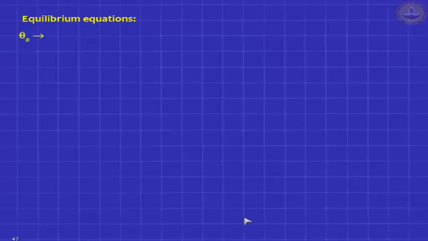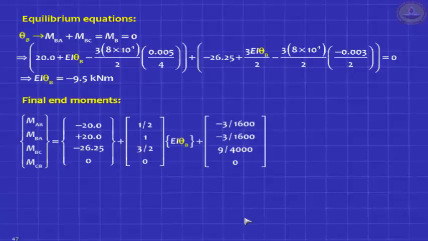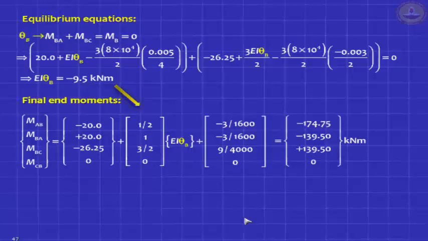So next we will write the equilibrium equation corresponding to theta B: MBA plus MBC is 0, expand it. Corresponding to theta C, that's all, only one equation. Solve it, find theta B, plug it into your slope deflection equations, you get your final end moments.